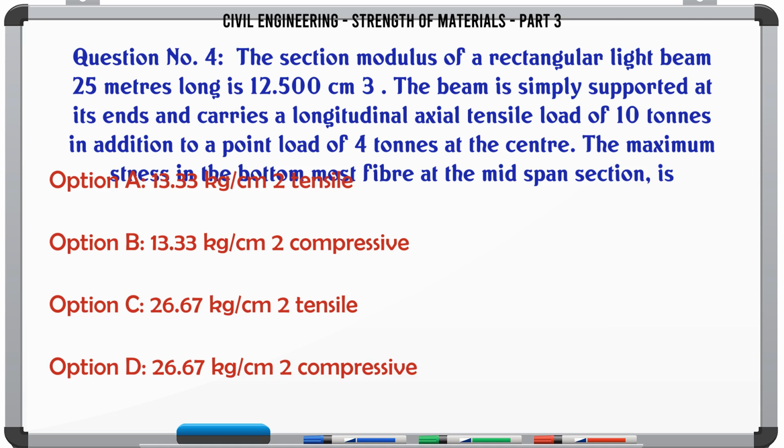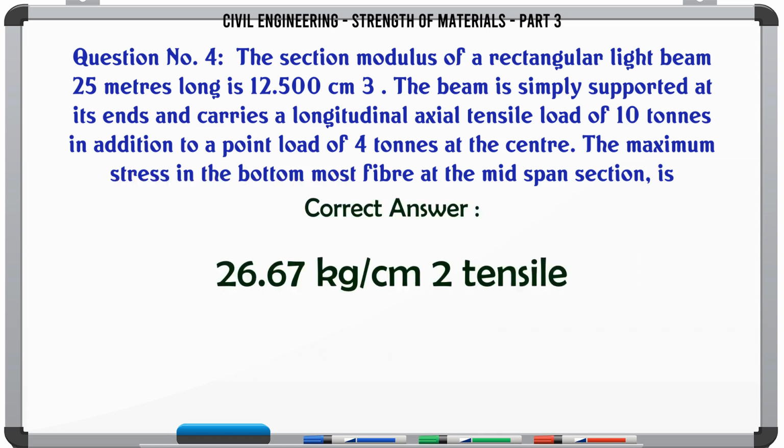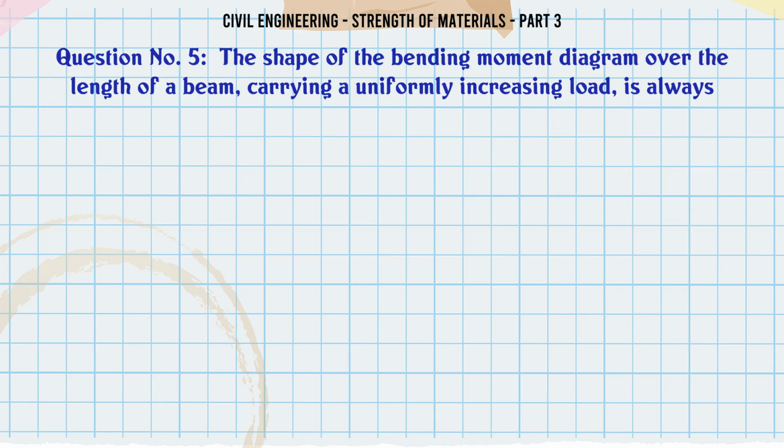The maximum stress in the bottom-most fiber at the midspan section is A) 13.33 kg/cm^2 tensile, B) 13.33 kg/cm^2 compressive, C) 26.67 kg/cm^2 tensile, D) 26.67 kg/cm^2 compressive. The correct answer is 26.67 kg/cm^2 tensile.